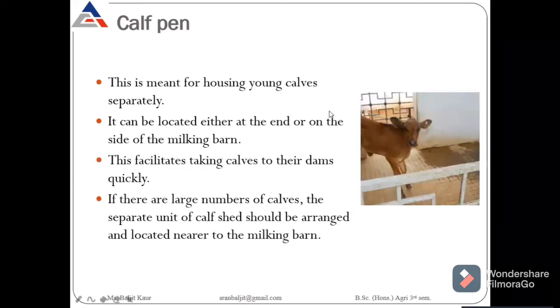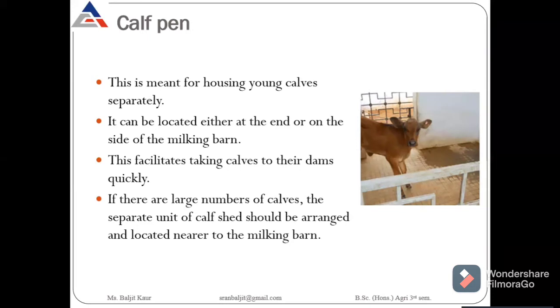Then calf pen. Once the calves are born, separate calf pens should be there so that the younger stock cannot get harmed by the older ones, right? This is meant for housing young calves separately. It can be located either at the end or on the side of the milking barn.